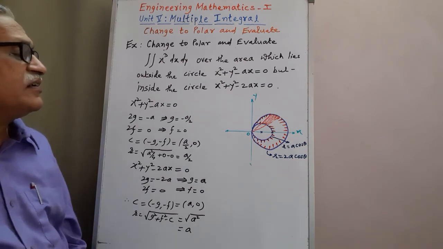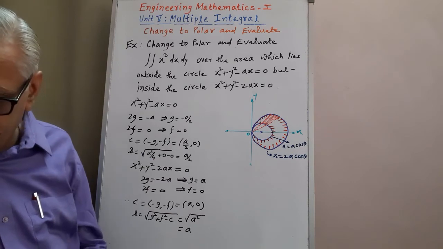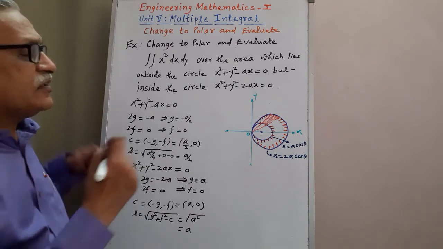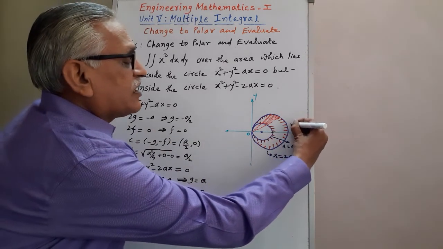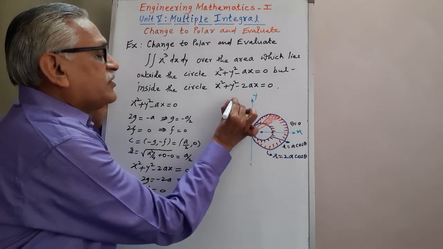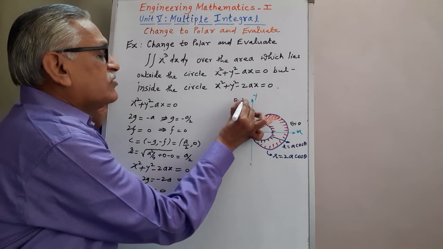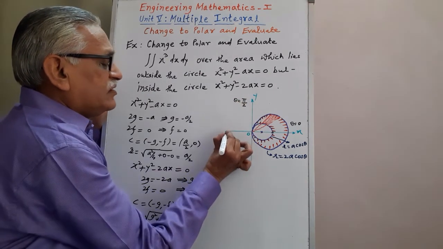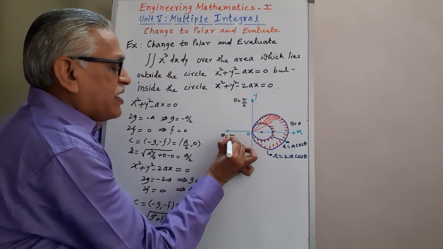And then we try to perform it in polar form. This x-axis means the line theta equal to 0 degree. Y-axis means the theta equals to pi by 2 line. This is the line theta equals to pi.